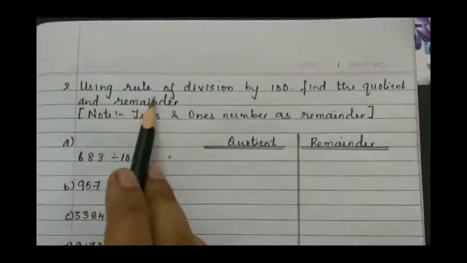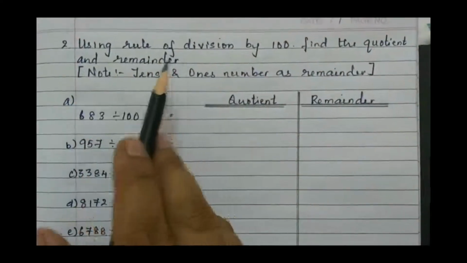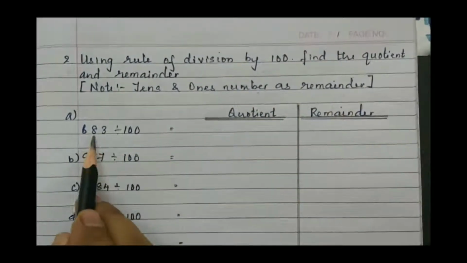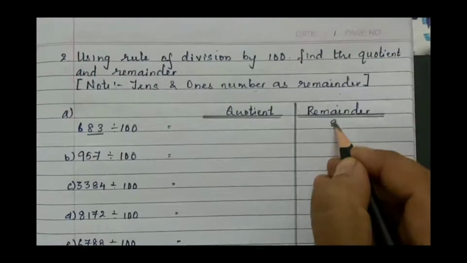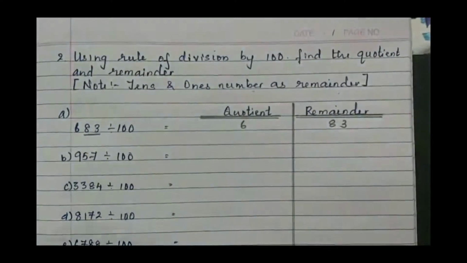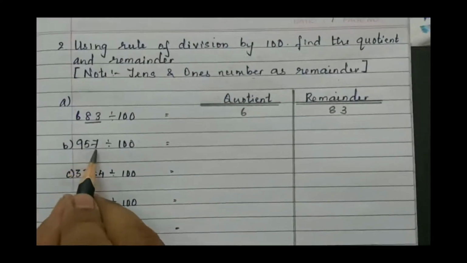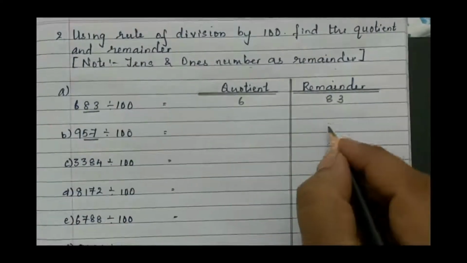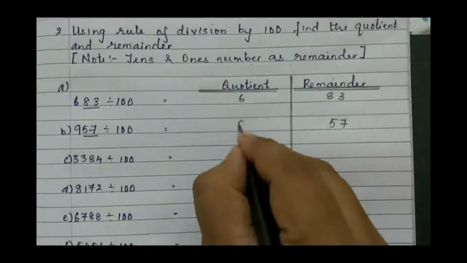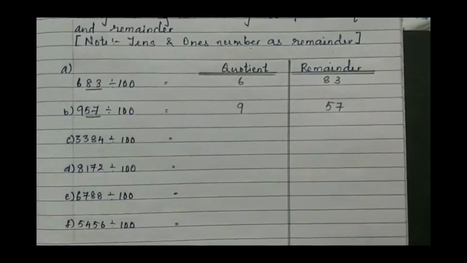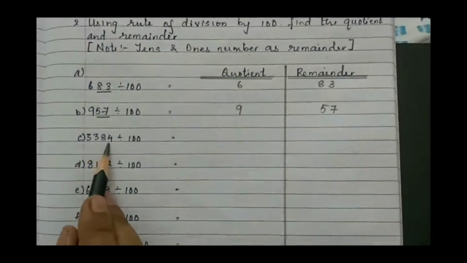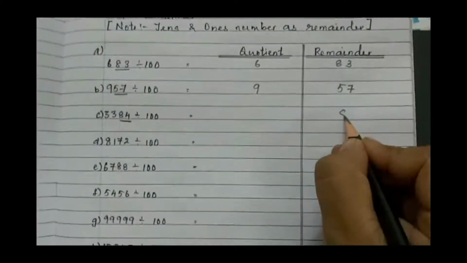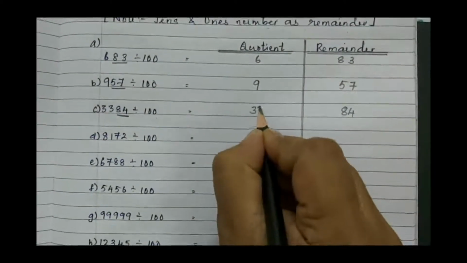Question number 2. Using rule of division by 100, find the quotient and remainder. Note, tens and ones number as remainder according to the rule. So 83 will become remainder and 6 as quotient. B. 957 divided by 100, that is tens and ones as remainder, 57 and 9 as quotient. Similarly in the thousands, 3384 divided by 100, tens and ones will be the remainder, 84 and 33 as quotient.